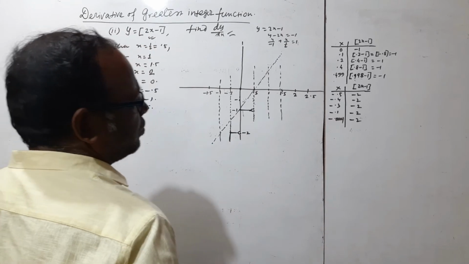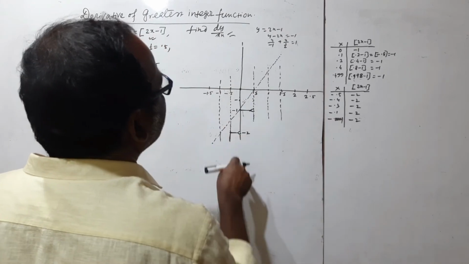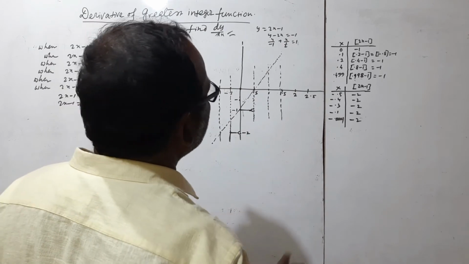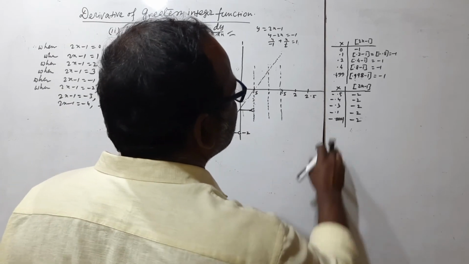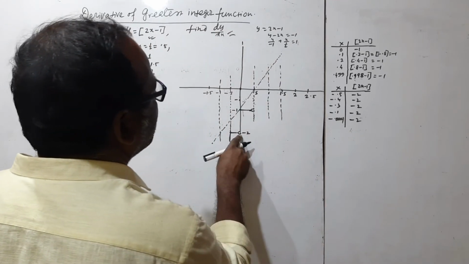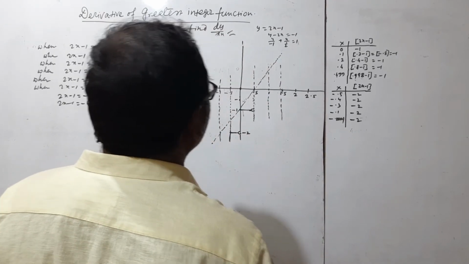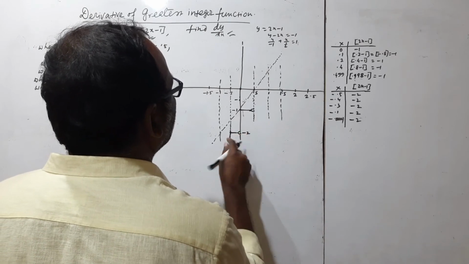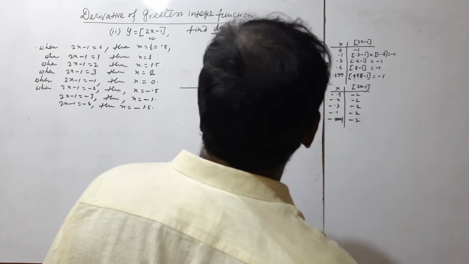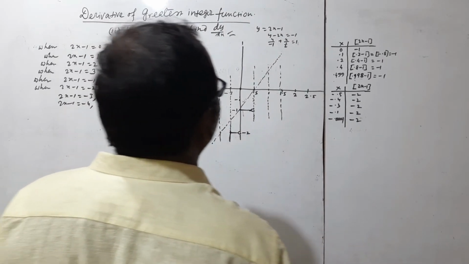The line of y is minus 2, but the value of x is not equal to 0. This is minus 0 point something 1, not equal to 0. So it doesn't touch this line, but touching this line here, we get 0.5. So from 0.5 to that, we got here minus 2.